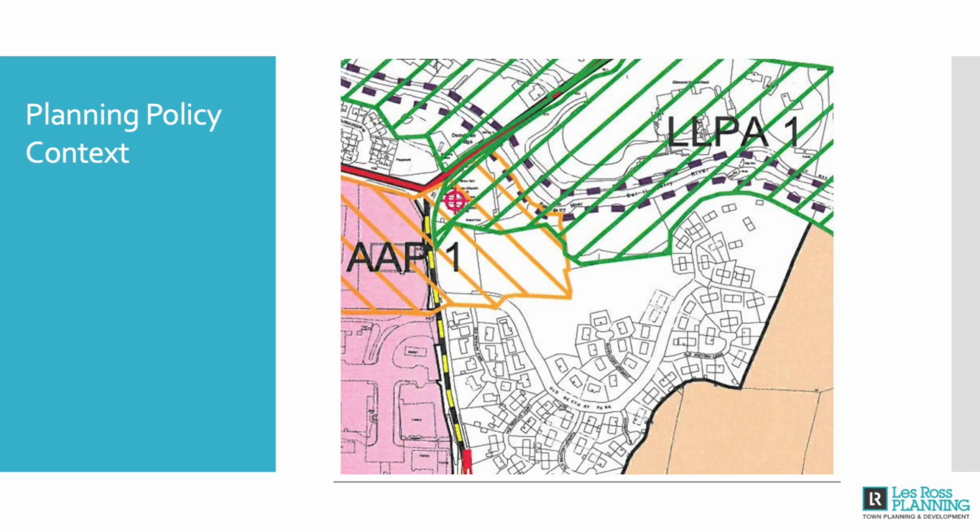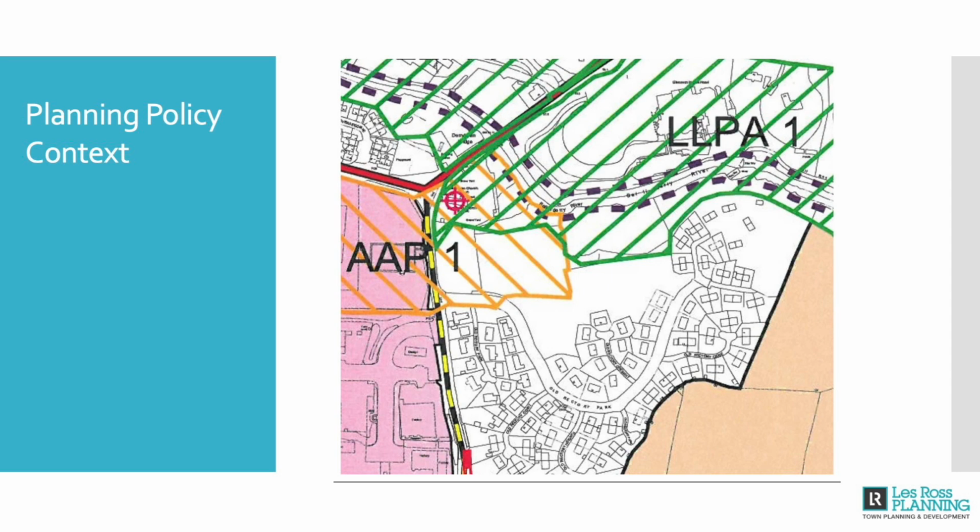There are two other designations. The LLPA1 to the north, that's the green hatched area, and LLPA stands for Local Landscape Policy Area, and that refers to the trees and so on along the Ballinderry River and the whole character of that area and around the Glenavon Hotel.